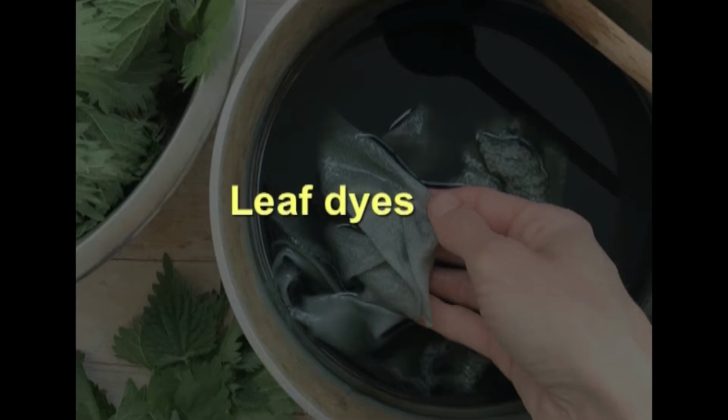Coming to the leaf dyes, leaves are also sources of color and the pigment is suitable for coloring textiles. The different colors derived include yellows, greens and also browns.